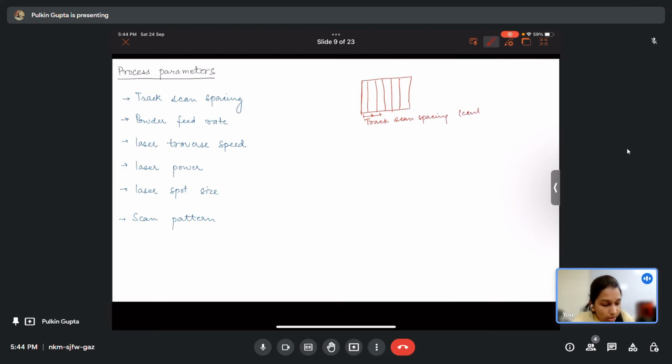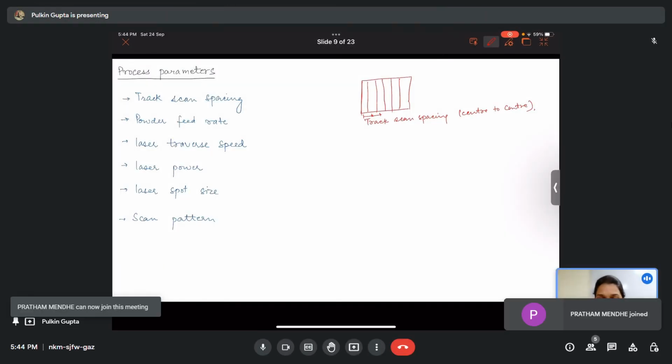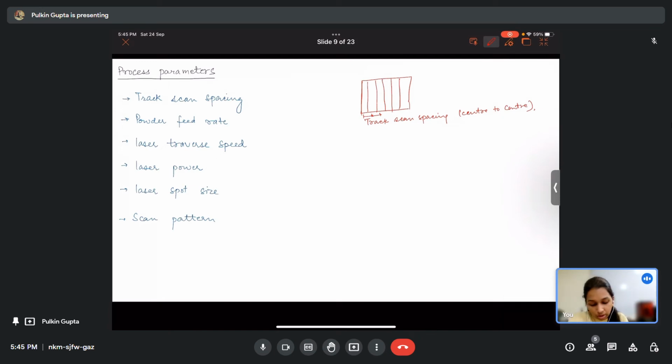Center to center. Next is powder feed rate, the rate at which you are feeding the powder. Laser traverse speed, the speed at which your laser is traversing. Then your laser power, laser spot size, and your scan pattern.